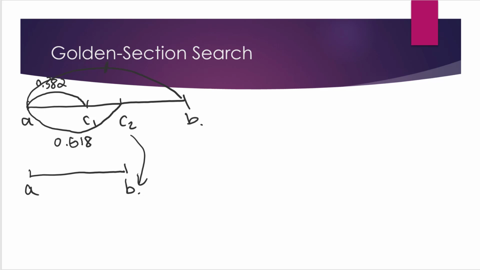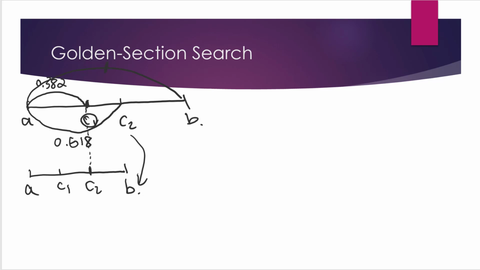So when you find the interior points C1 and C2, this new C2 is exactly the same as the old C1, because the function value at C1 was evaluated in the last iteration. So when it becomes C2 in this iteration, we don't need to evaluate the function value at this point again, because it's already evaluated in the last iteration. So we can save computation time, right?